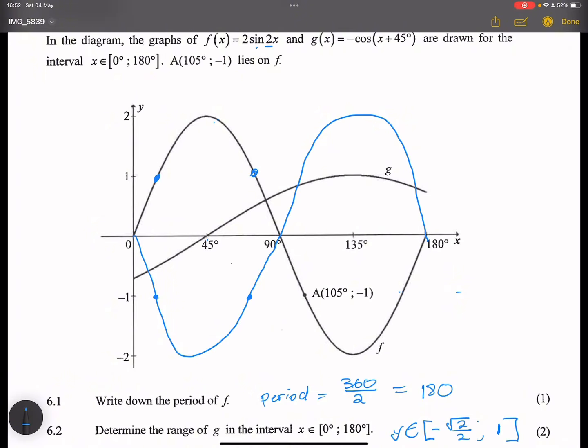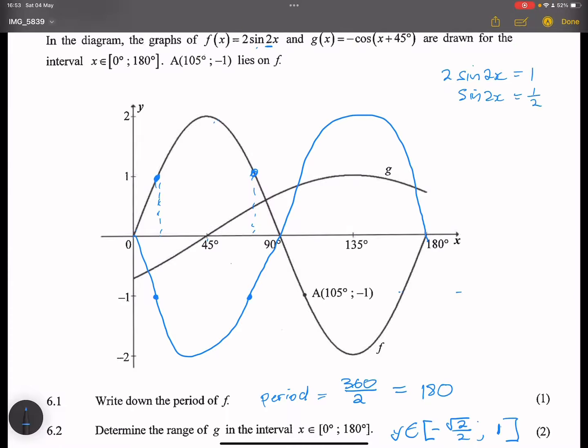Ladies and gents, I want you to note that should be at 15 degrees. You can actually calculate it. So 2 sine of 2x, from the previous one, where is it equal to 1? This is where sine of 2x is equal to 1 over 2.